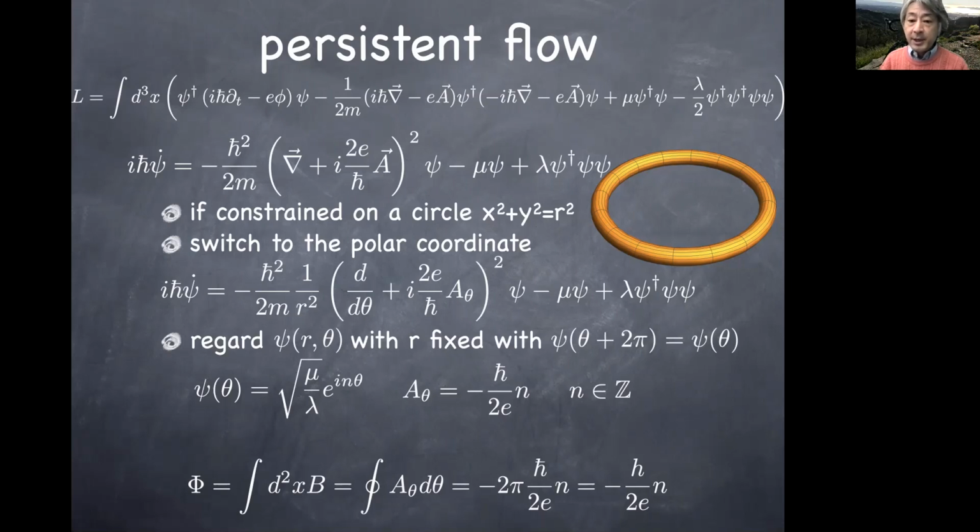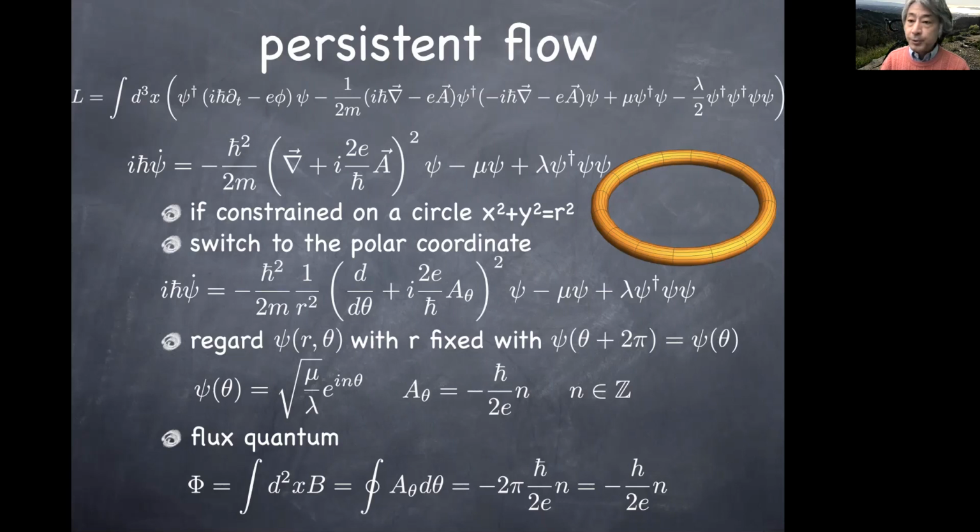And the reason why this is interesting is that this really represents the situation, I think, what Shiraz was asking about, namely that this, of course, represents the current with the electric charge flowing in through this tube. That means there is now the electrical current flowing, which, of course, leads to the magnetic field. And that magnetic field is actually given by this A theta as a part of the solution to this field equation.